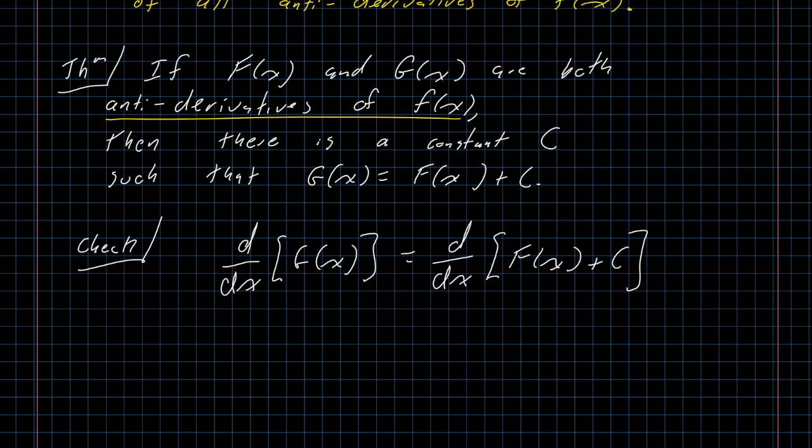That means that when I differentiate big G of x, I had better end up with little f of x. And when I differentiate big F of x, I should end up with little f of x. And when I differentiate a constant, I get 0. So at the very least, I know that adding a constant does not move me away from the family of functions.